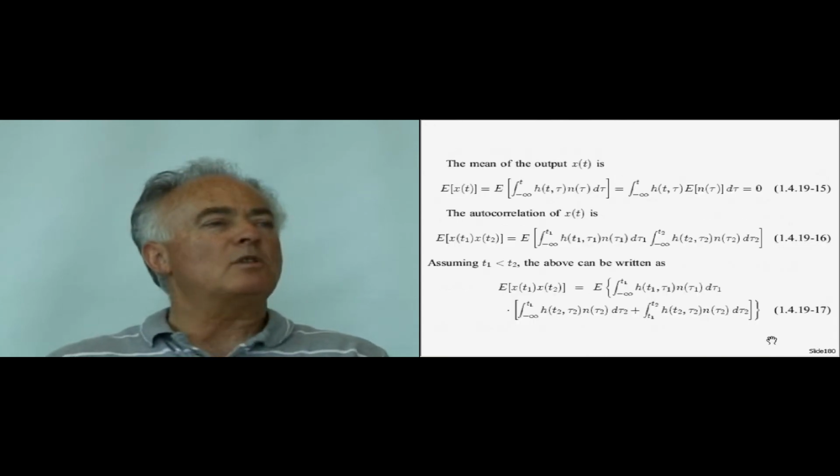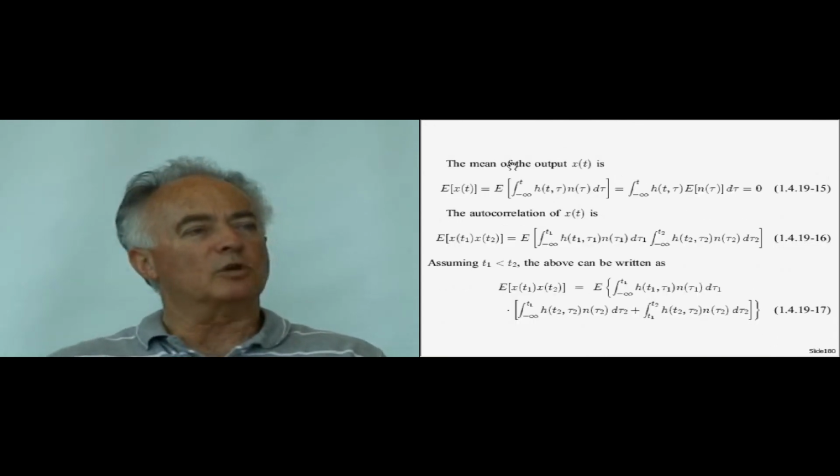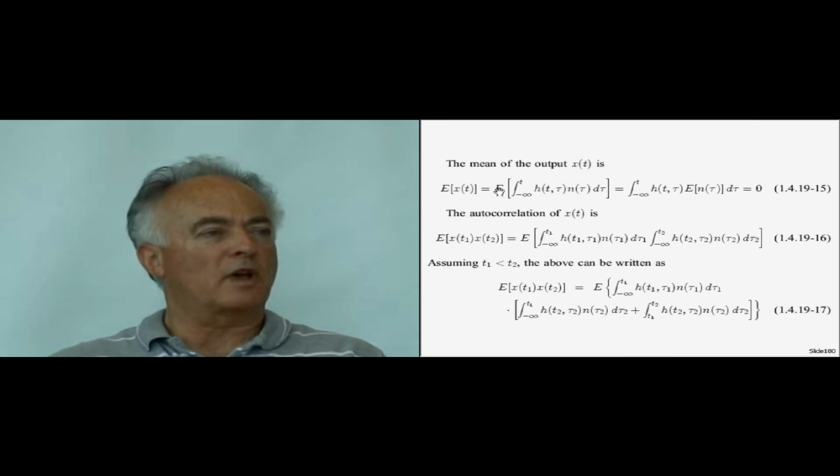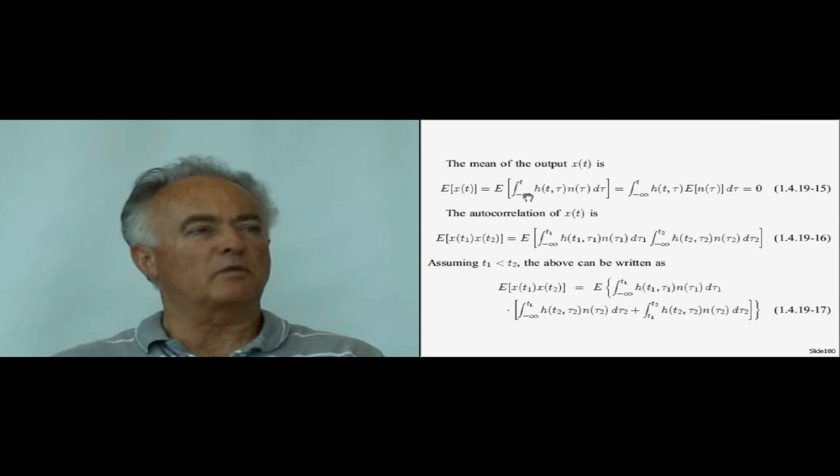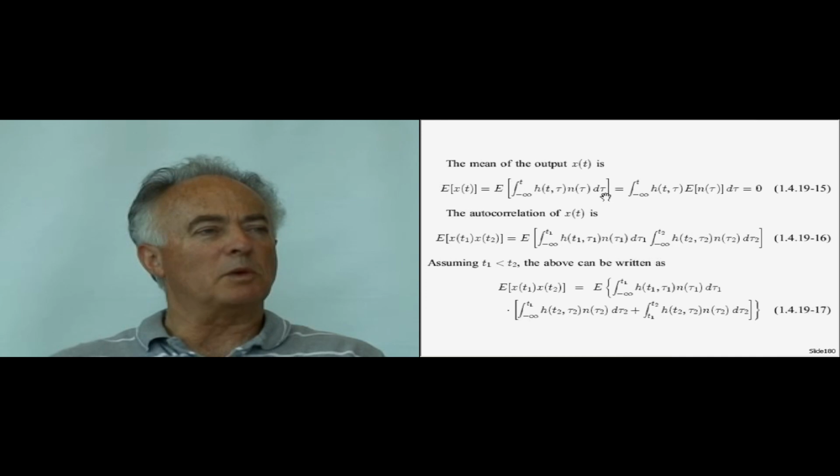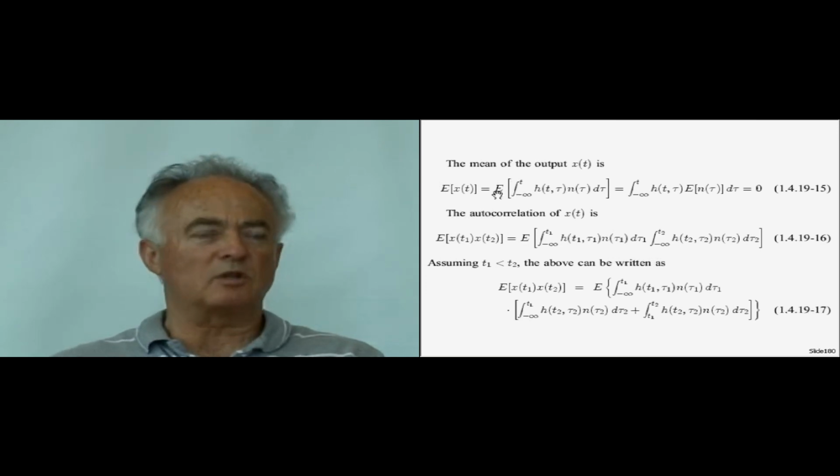Now, the mean of the output is the first thing we'll consider. It is the expected value of x(t), which is the expected value of the integral from minus infinity to t of h(t, tau) n(tau) d tau. And remember that expectation is an integral with respect to the probability density function.